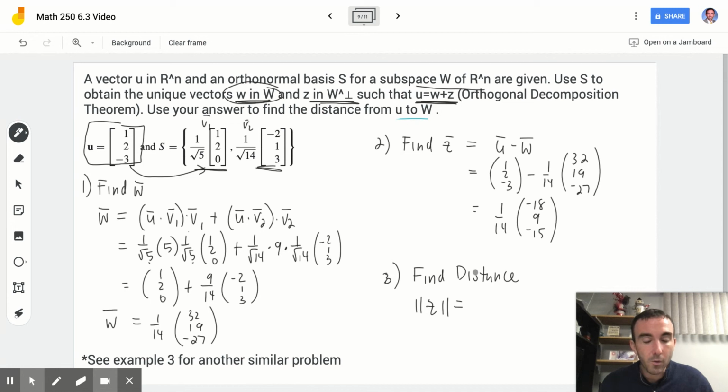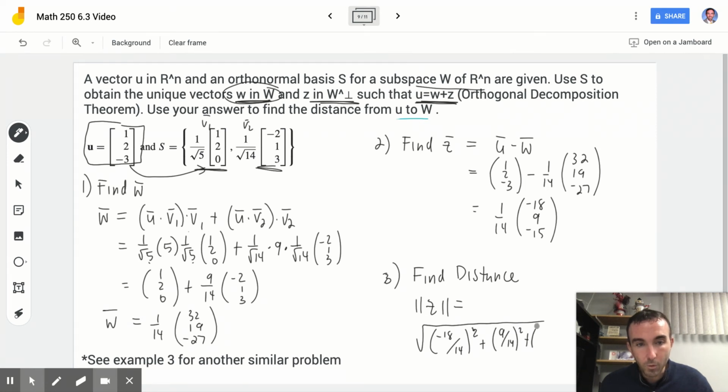Last, to find distance. Again, distance is the norm, so that means we want to take the square root of the sum of the squares of every component of my vector z. So I'm going to square negative 18/14. I'm going to square 9/14.